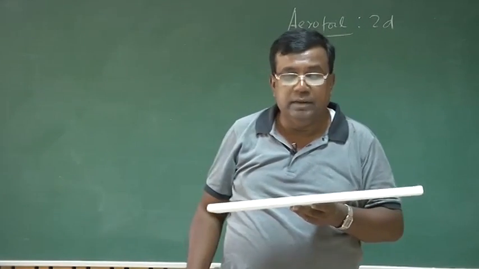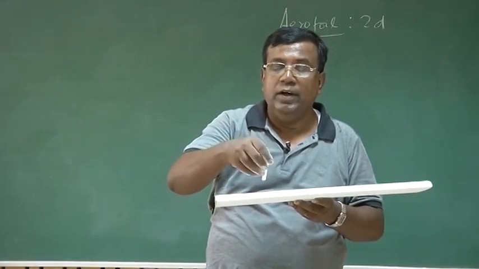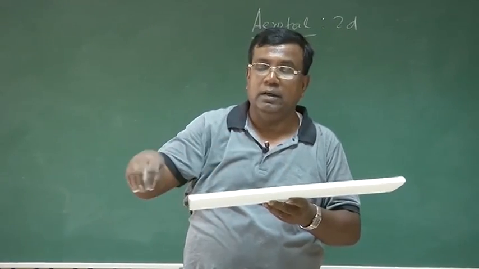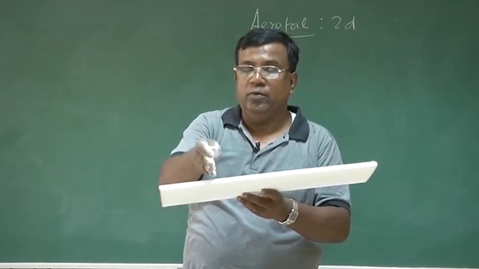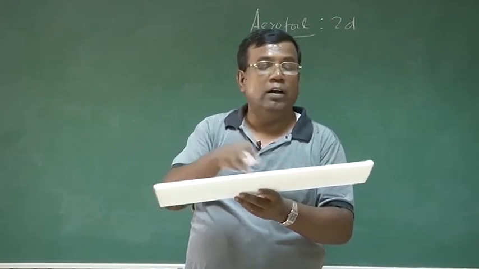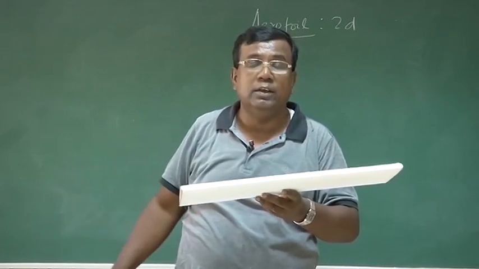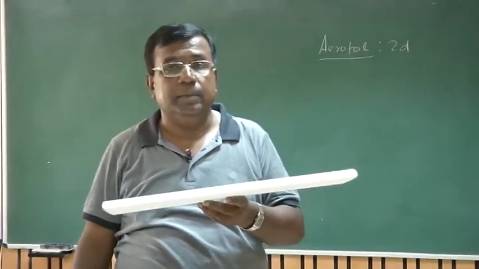The basic message is, as the flow is coming like this, it has no way to go cross right or left. So the flow is always over each aerofoil section. There is no flow around right or left because these are infinite span. That is why we call aerofoil a 2D concept, right?